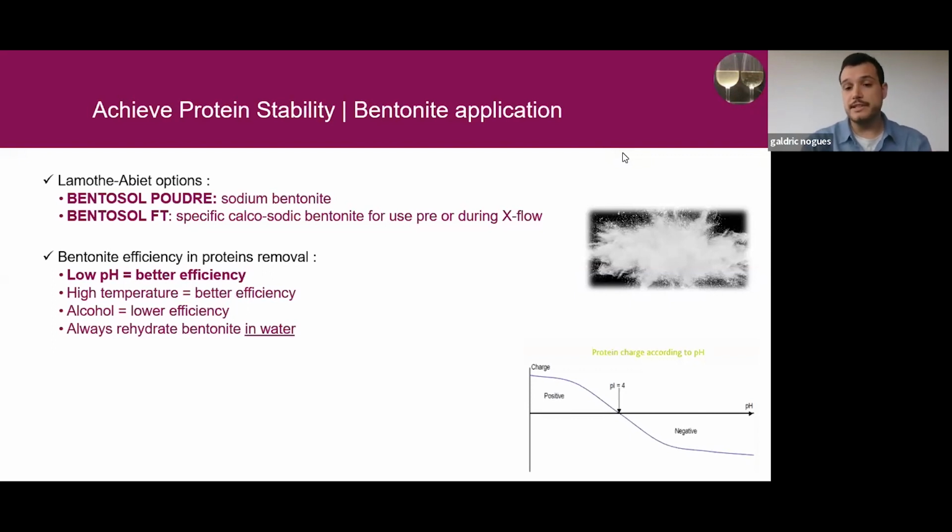So if you take, for example, a warm and dry vintage where you will have high pH, high alcohol, that's where you will add the most bentonite, because the bentonite efficiency will be the lowest because of the conditions of the wine itself.